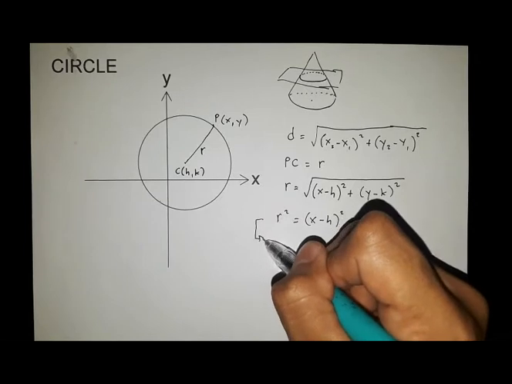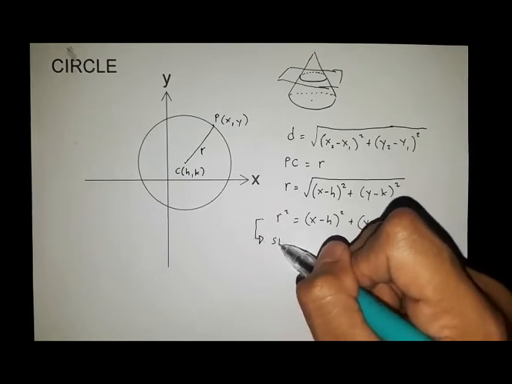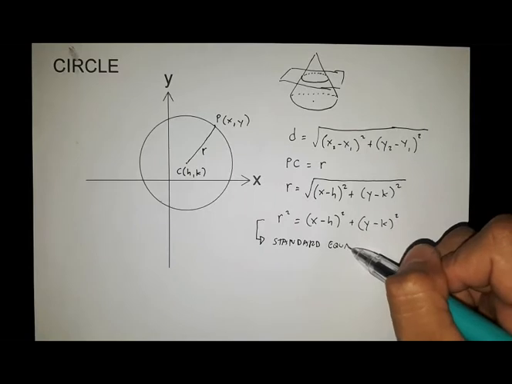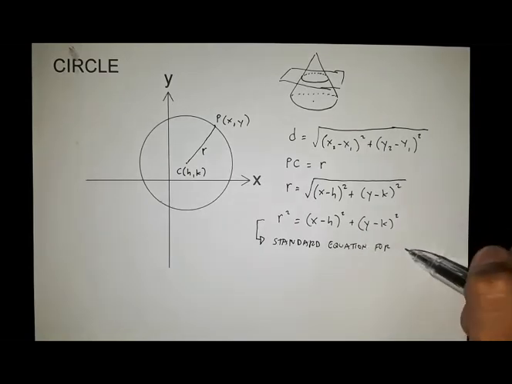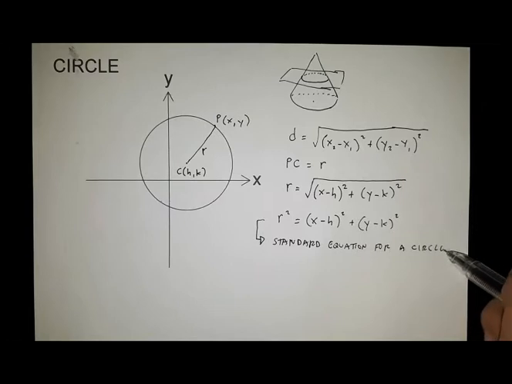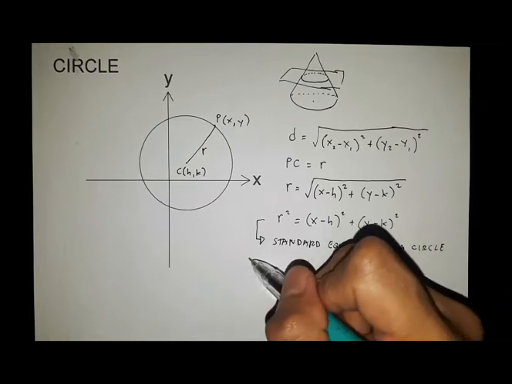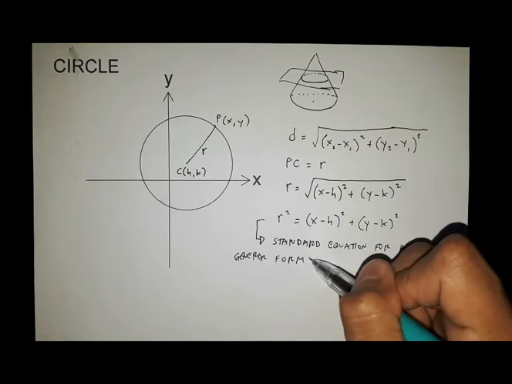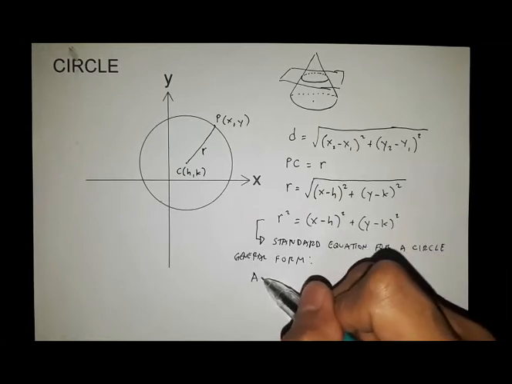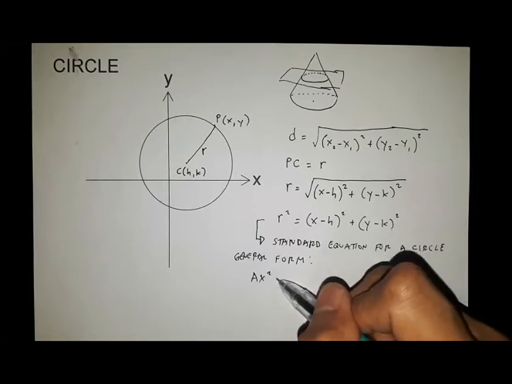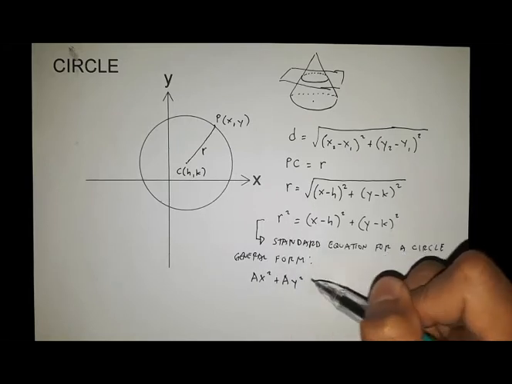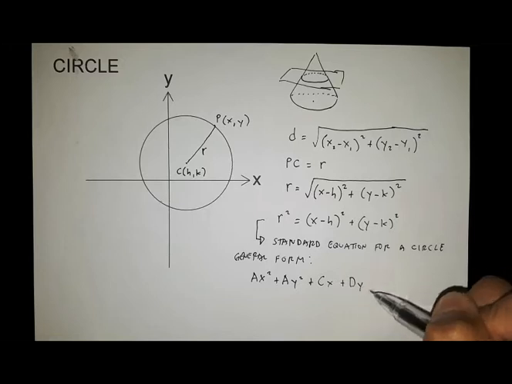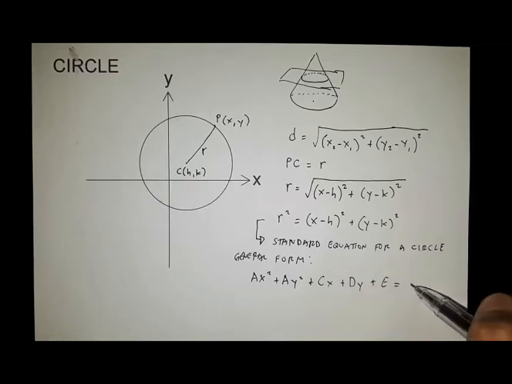And this equation is the standard equation for a circle, while the general equation or the general form is given by Ax squared plus Ay squared plus Cx plus Dy plus E equals 0.